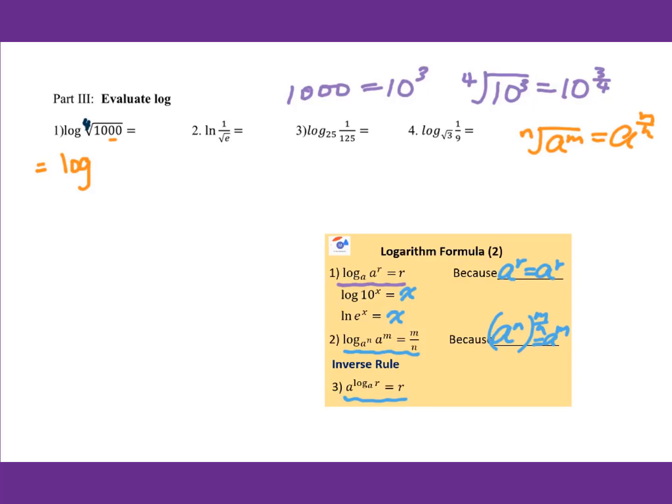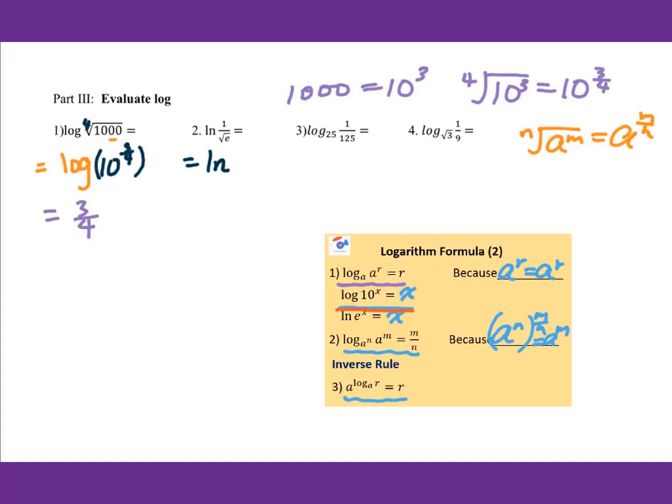Therefore, I can write down 10 to the 3 over fourth power. Then you use this rule. You will get 3 over 4.